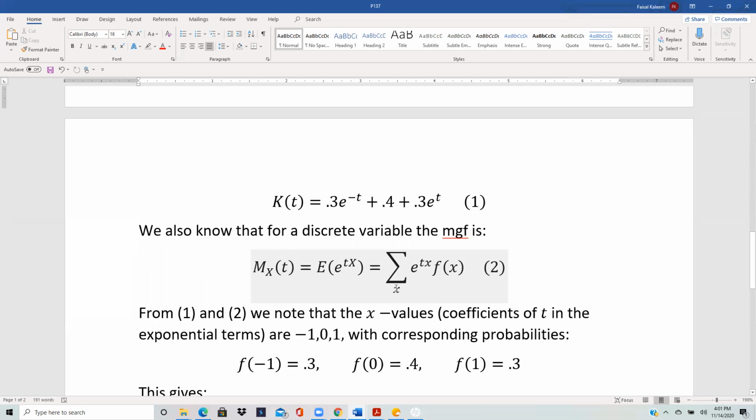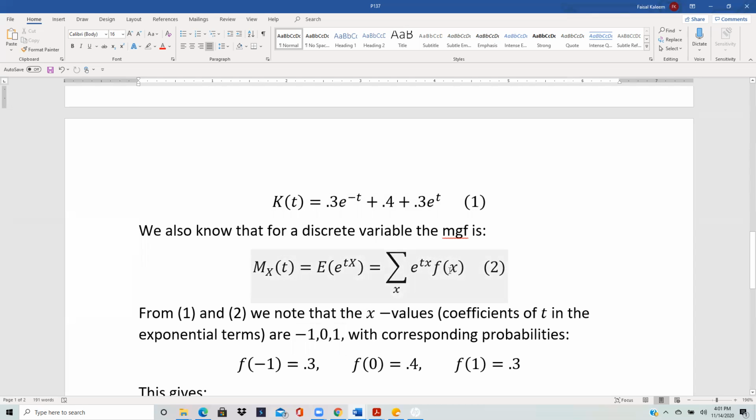So x is being replaced by some numbers. Looking at 1, those numbers have to be -1 to give e to the negative t, 0 to give e to the power 0, and 1 to give e to the power 1t. So the x values are -1, 0, and 1.